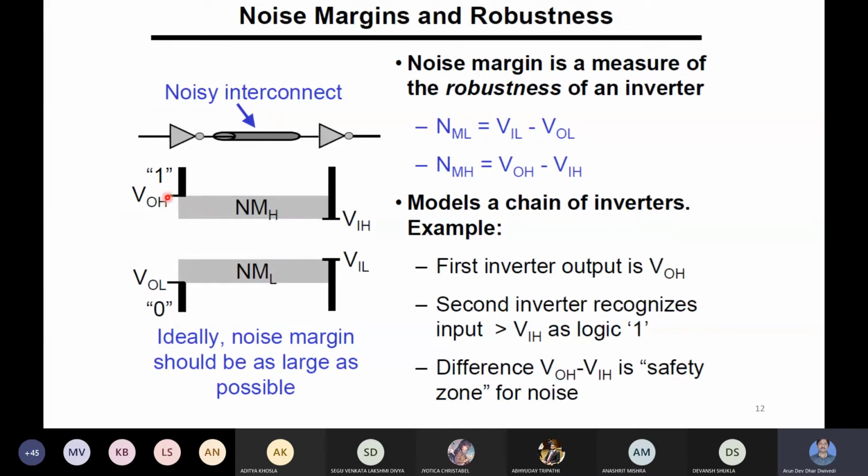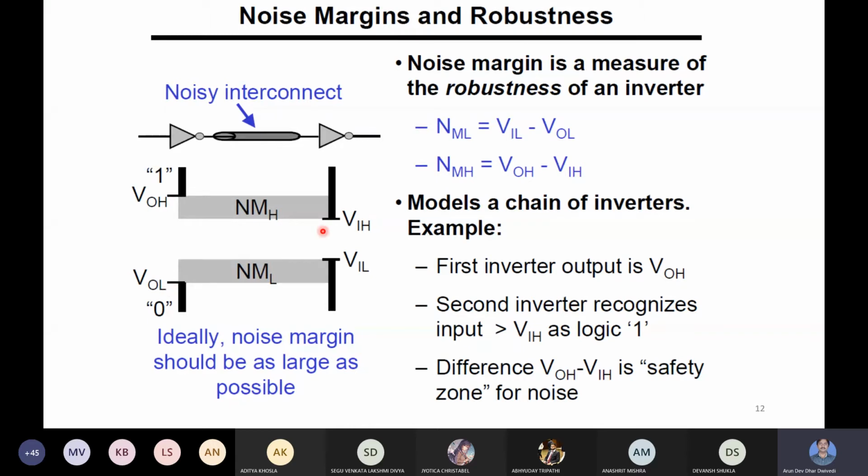Because the output is switching between VOH and VOL, VOL is treated as logic 0 and VOH is logic high. At the output, this is the maximum output voltage and this is the minimum output voltage.